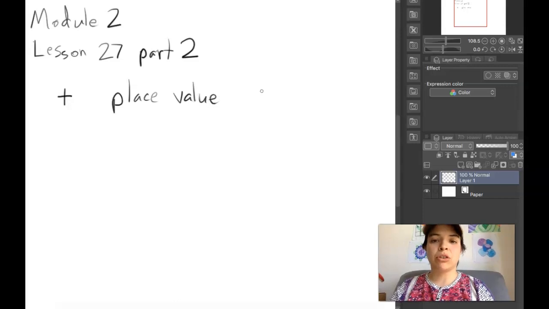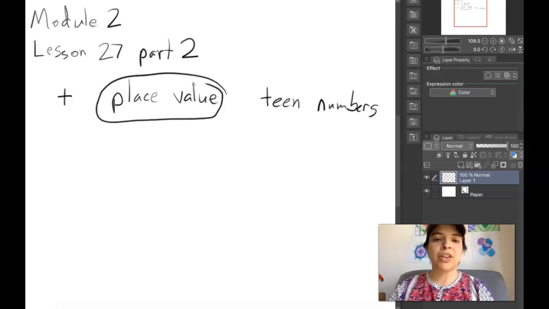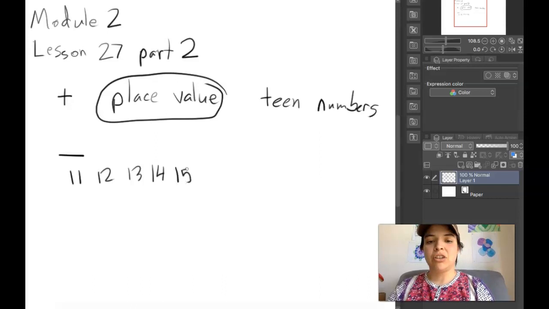We also talked about teen numbers. So today we are going to be talking about place value again, but this time instead of addition, we will be talking about subtraction. And just a quick reminder of the teen numbers: 11, 12, 13, 14, 15, all the way up to 19.